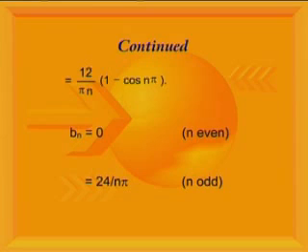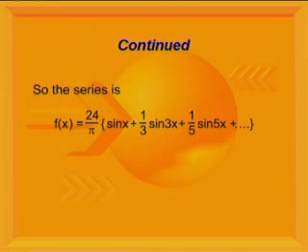Substituting these bn in our Fourier series expansion, f(x) is equal to 24 over pi into sin x plus 1 over 3 sin 3x plus 1 over 5 sin 5x, and so on, as we have calculated these.